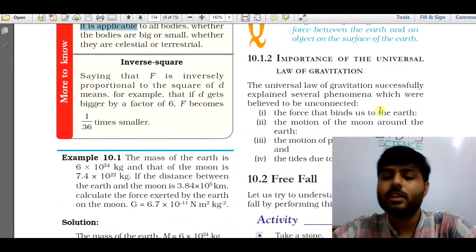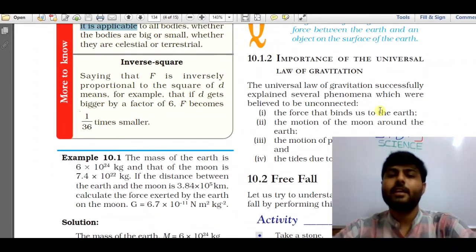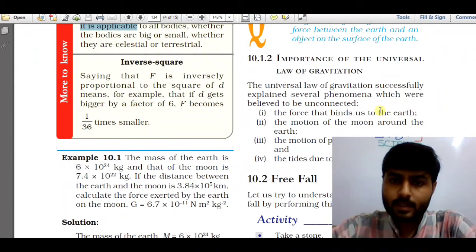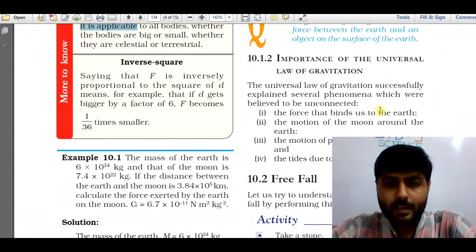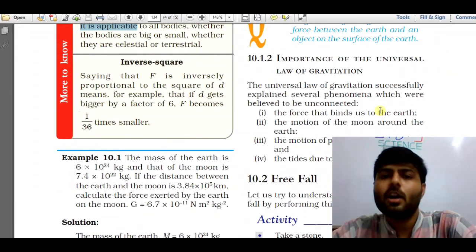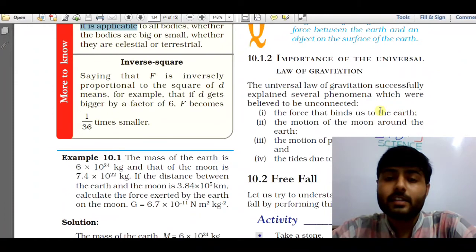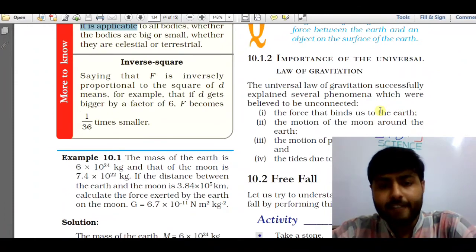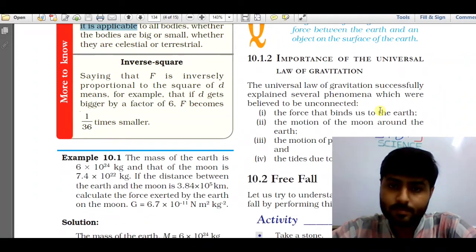The tides due to moon and sun. We know that in the ocean or sea, we have high tides and low tides. These tides are due to the gravitational force of the moon and sun.